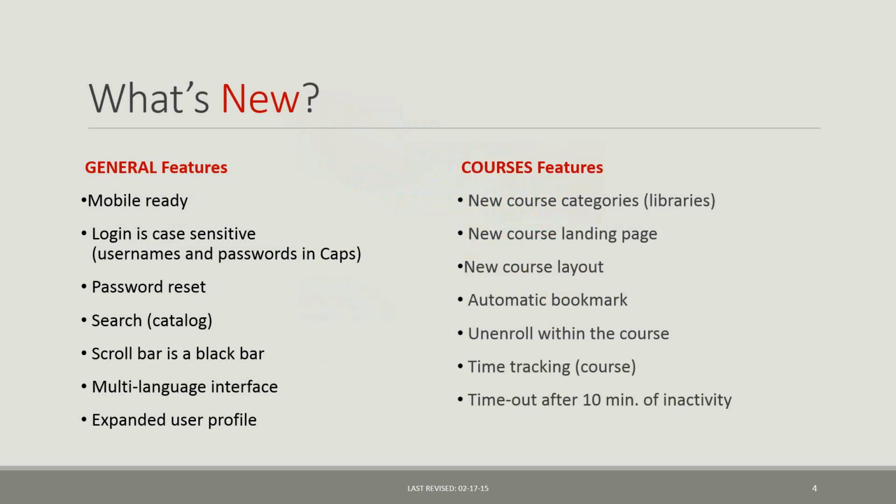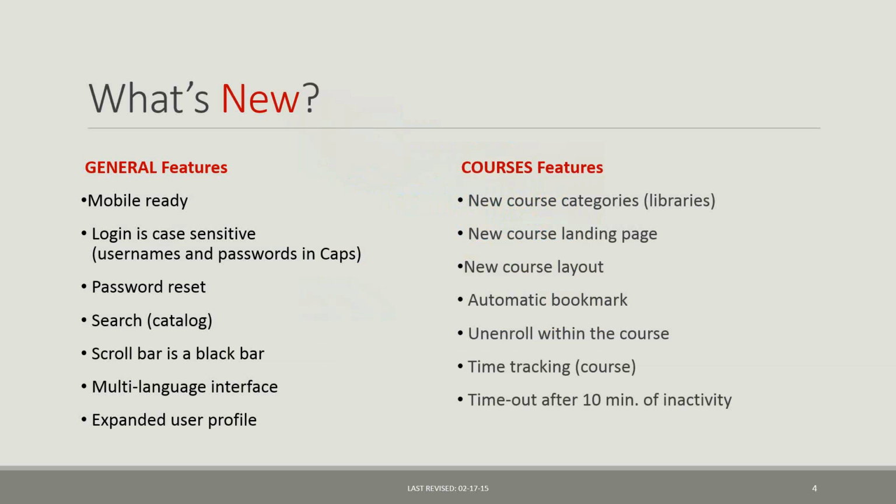In terms of the courses, the libraries that we have in the current system are going to be called categories, and you're going to be able to see each one of those categories individually. So you can filter per category. There is a new feature, which is a course landing page.